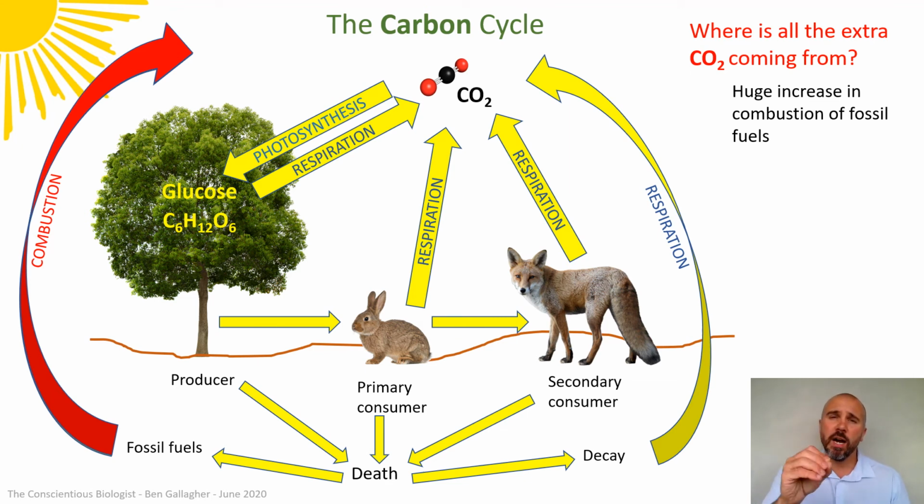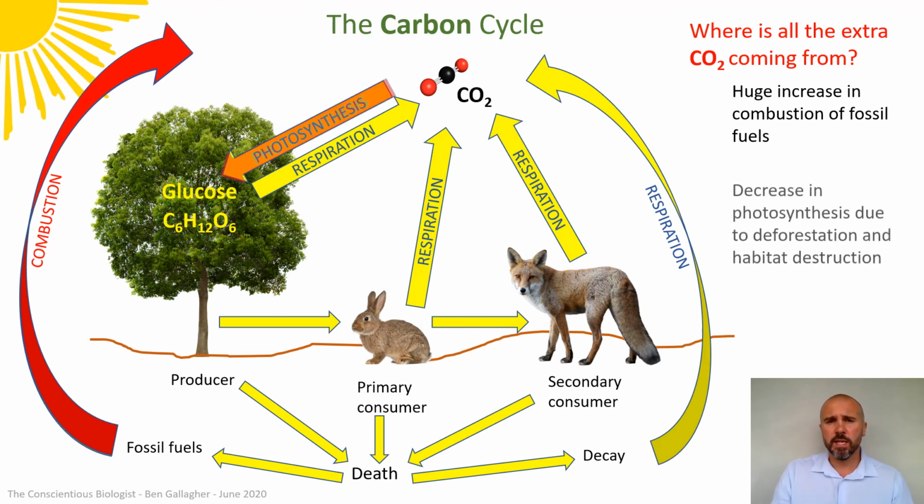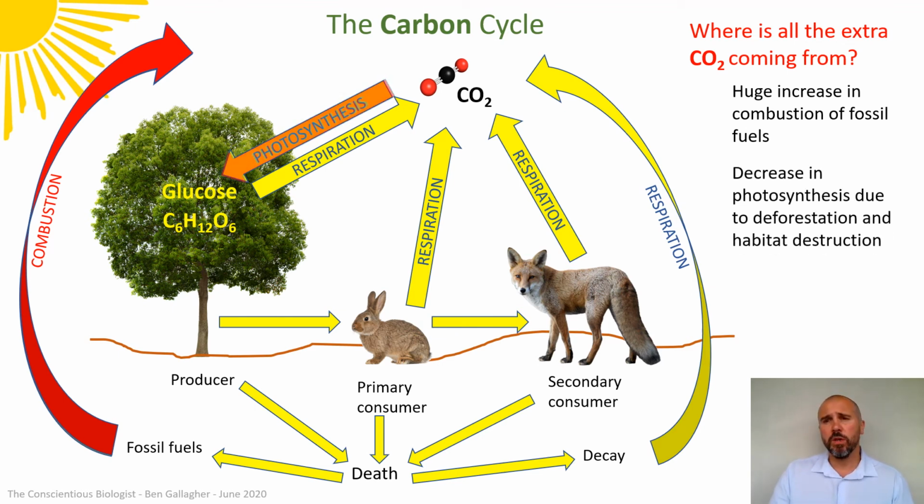The other major thing that we've messed up on the carbon cycle here is the photosynthesis part. We've cut down huge amounts of the Earth's forests. We've removed loads of the plant life. It's estimated, and this is a good estimate on solid data, that an area the size of a rugby field, slightly more than actually, about 1.5 acres of rainforest, is cut down every single second.